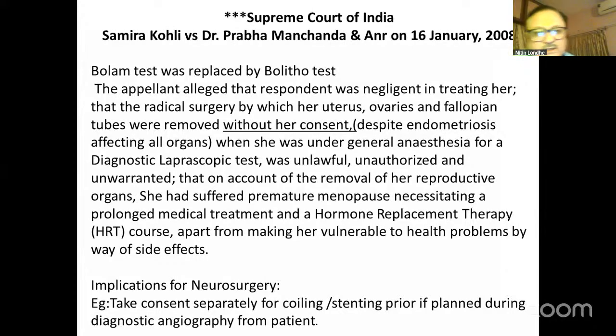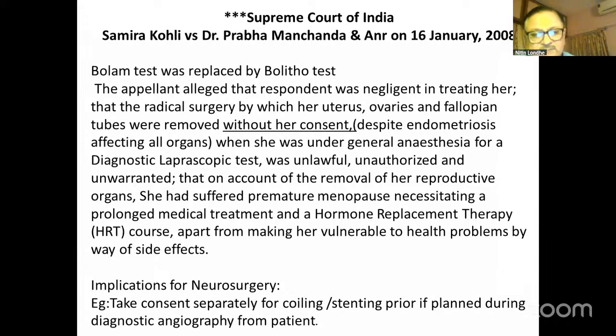Since the patient was under anesthesia, she took consent from the patient's mother, who was outside the operation theater. After the surgery, the army man to whom this woman was engaged refused to marry her, saying he could not proceed with a family now. She then sued the doctor, on the pretext that she had suffered premature menopause, necessitating prolonged medical treatment and hormone replacement therapy, apart from being vulnerable to health problems in the way of side effects.